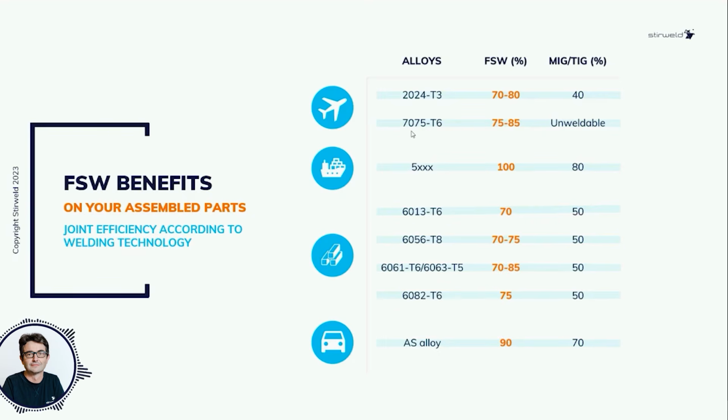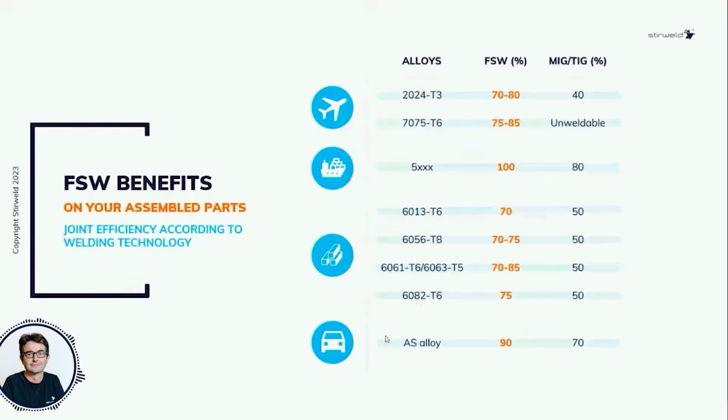What is interesting here is when we weld 7000 series, here 7075 T6. We get a joint efficiency of about 80%, while this type of alloy is totally unweldable by fusion welding. And the same thing for aluminum silicon alloys.